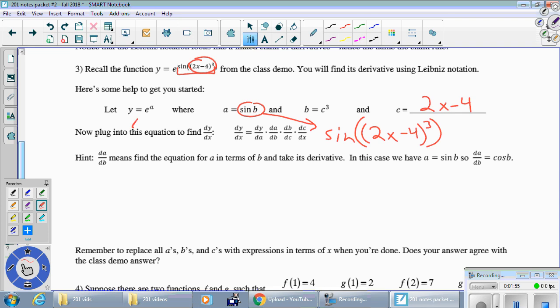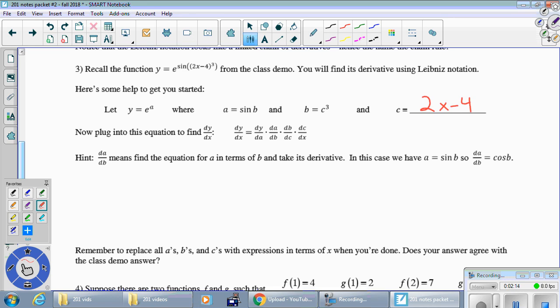And then finally, y is e to the a, which is e to all of this sine business here. So we now have our original function broken down composition-wise into four smaller functions.